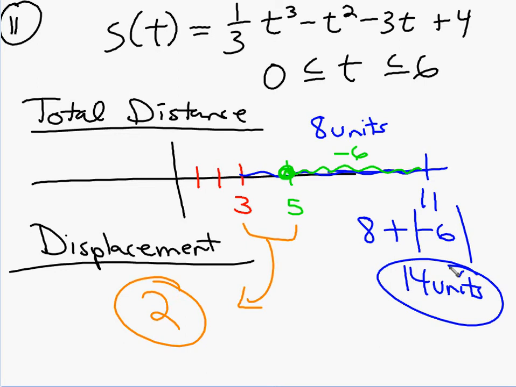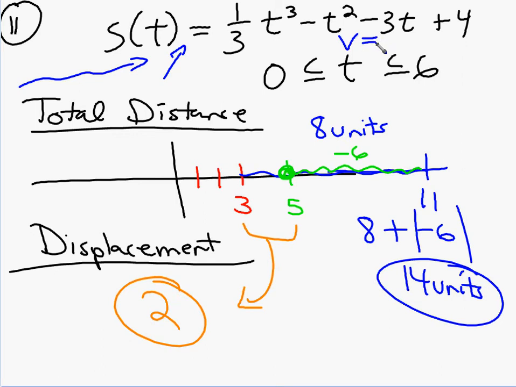The difference between total distance and displacement involves the signs. Okay, so now let's look at this problem up here. They give me this position function, all right? And if you look at the example I just gave you, we had to consider where it changed direction. Well, if I'm going to figure out where this changes direction, if you go back to your previous notes, it changes direction when the velocity is equal to 0.